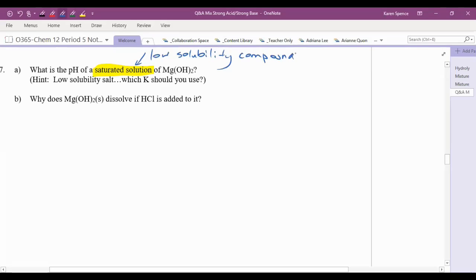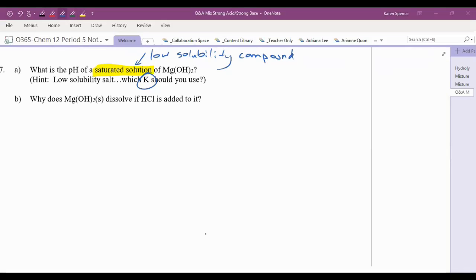And if we are dealing with a low solubility compound, what kind of K should we use? Just type that in the comments if you think you know. Yes, we are going to be using Ksp.